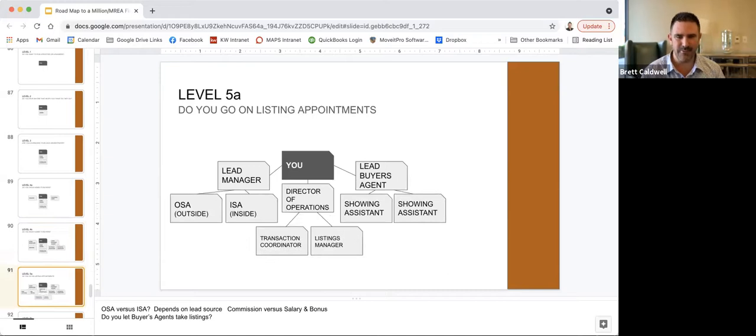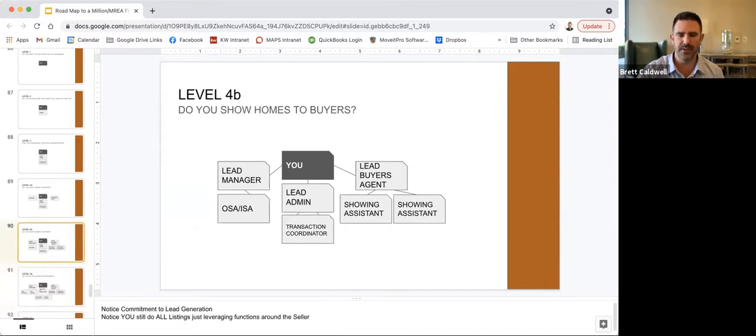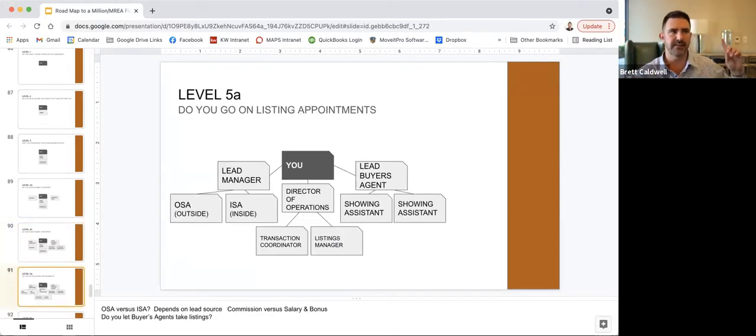All right. Level 5 is when you start to remove yourself from the listing side of your business. So at 5A is assistants first, assistant second, lead manager. You're really separating out the OSA and the ISA roles. There's a person in charge of the lead generation. It doesn't look a whole lot different than level 4, except you've split out the inside part and the outside part.